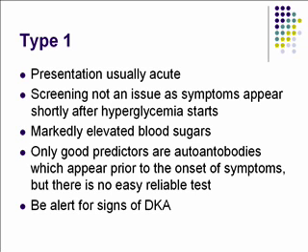Of course, if a patient has a high blood sugar, be alert for signs of DKA. You want to be sure and check them for ketones. So you want to be sure to check for that in their urine, because ketoacidosis can get them rapidly into physiologic difficulty.